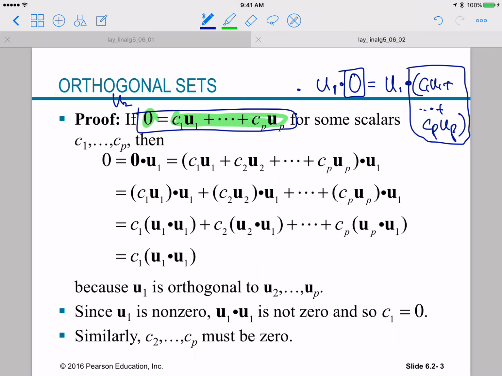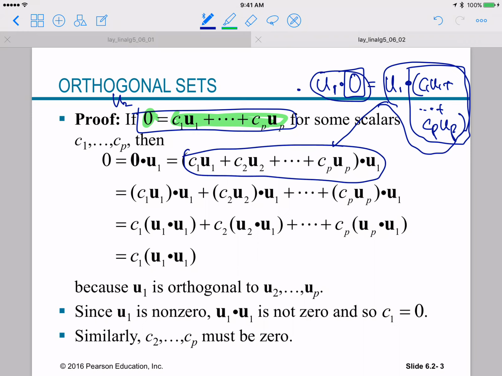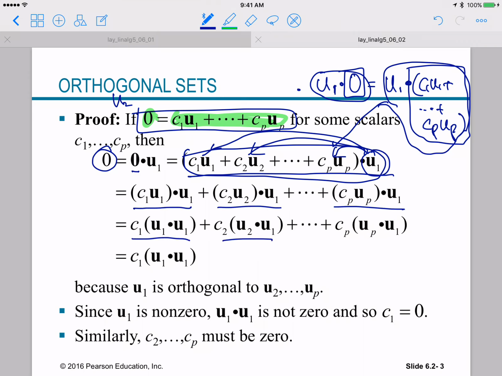Then the left-hand side will always give you 0, because the inner product with the 0 vector gives 0, right? Let's apply the distributive law, and this will be distributed in this manner.